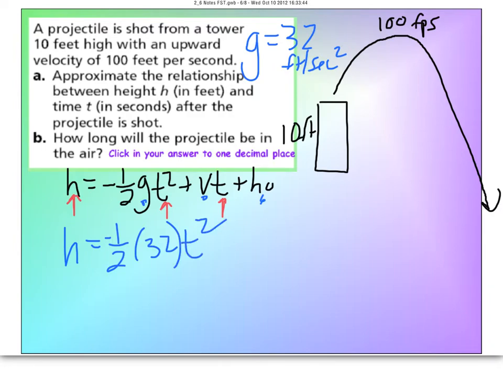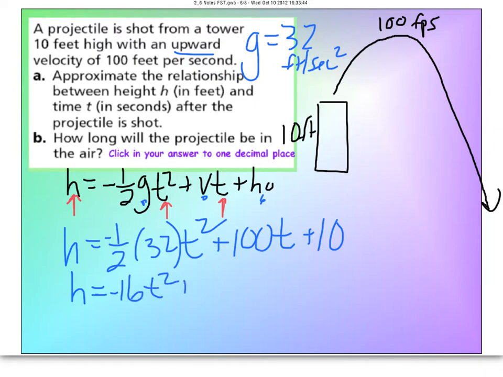Now the velocity is 100 feet per second, so it's speed, which is 100 feet per second, but with direction. And it's going upwards, so that would be a positive. So plus 100t and a starting height of 10. And let's simplify that equation. So we have h equals negative 16 t squared plus 100t plus 10.